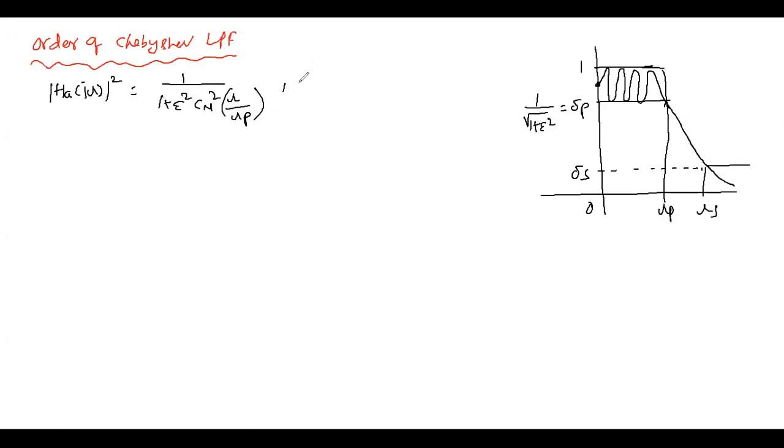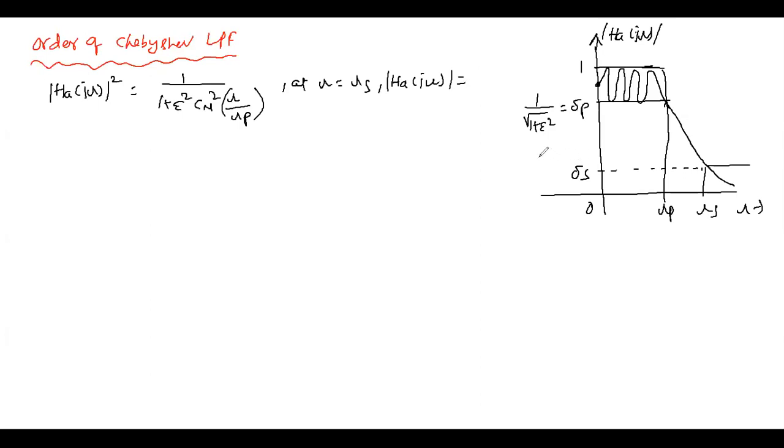Now at omega equals omega s, this is your |H(j omega)| magnitude. Then what is |H(j omega)| magnitude? What is the value of |H(j omega)| magnitude at omega equals omega s?